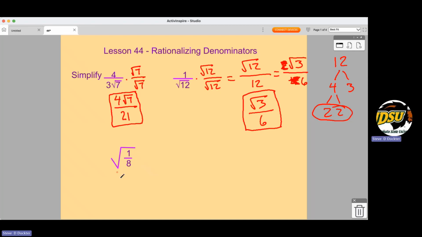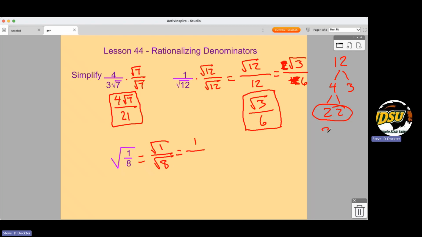All right, if we come down here to this one, we have a square root containing the entire top and the bottom. Well, what happens with this one is we can split that square root sign between the top and the bottom. So we'd have square root of 1 over square root of 8. Square root of 1 is equal to 1. Square root of 8, now if you wanted to, you could simplify this first before you started moving that square root of 8 up.